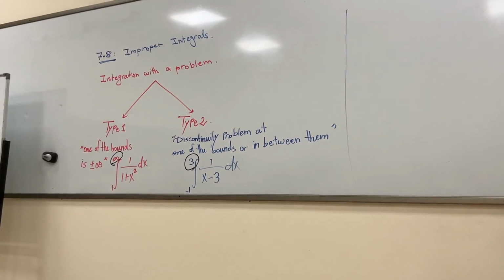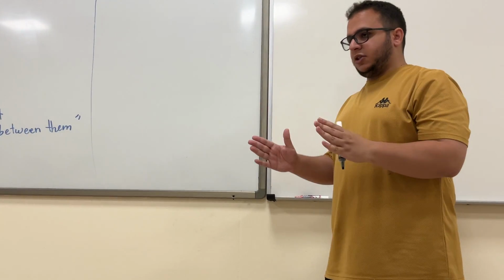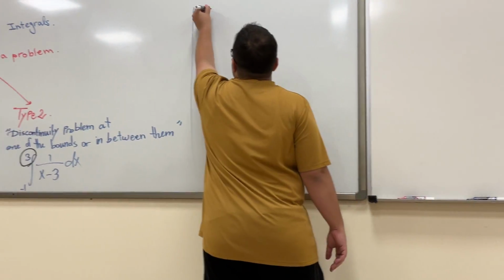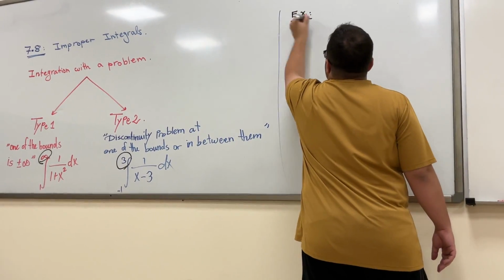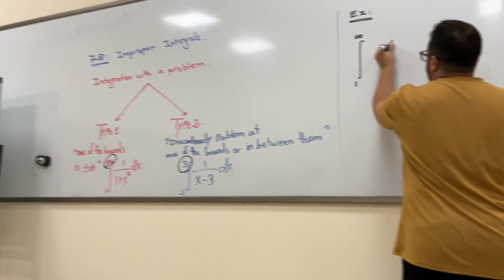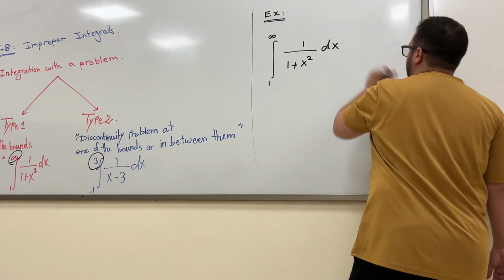To fix this, we're just going to use some notation, that's it. We're just going to write the same integration answer in a specific notation. Okay? So let's take an example. Let's take something simple to start with the idea. Let's do the first one: 1 to infinity, 1 divided by 1 plus x squared dx.